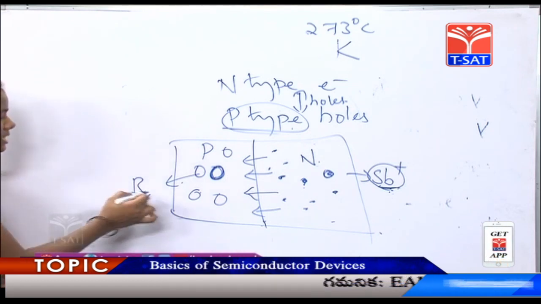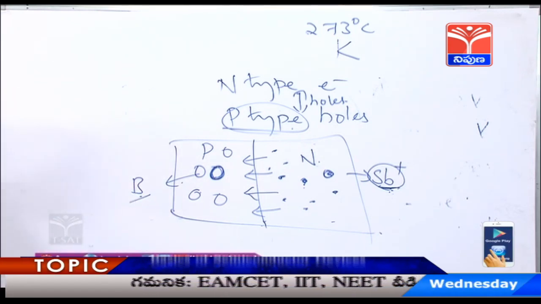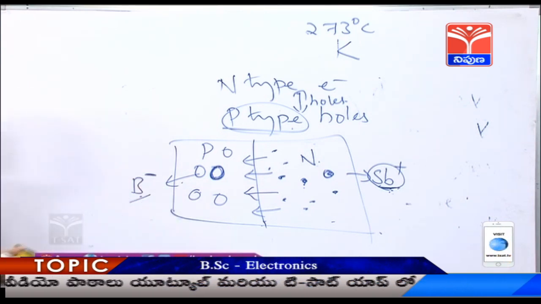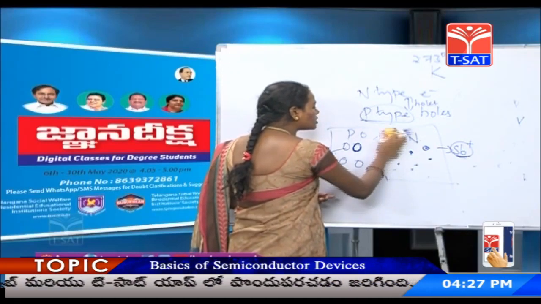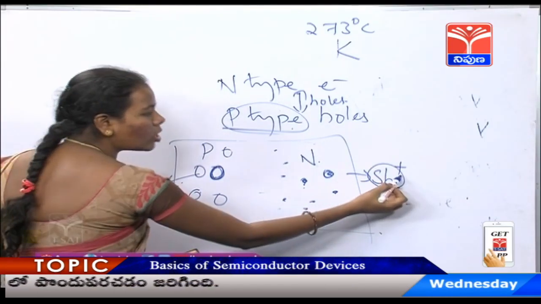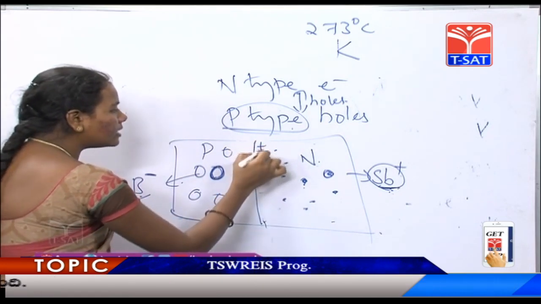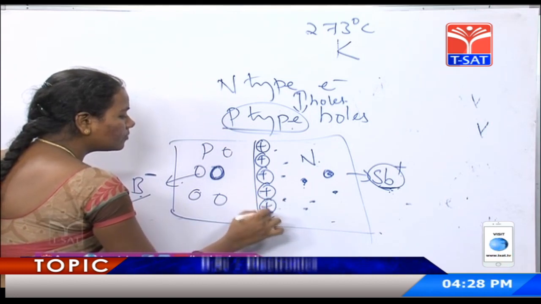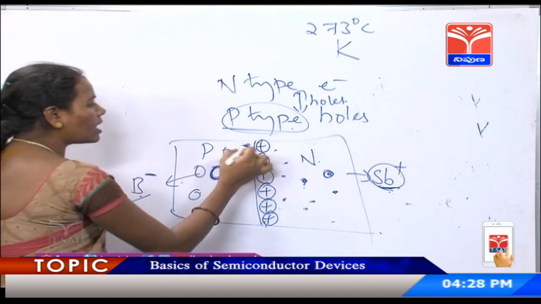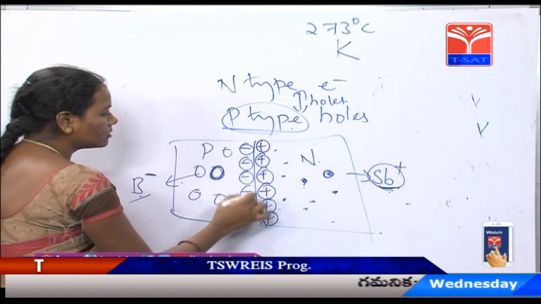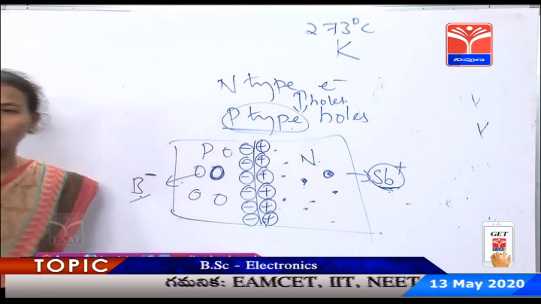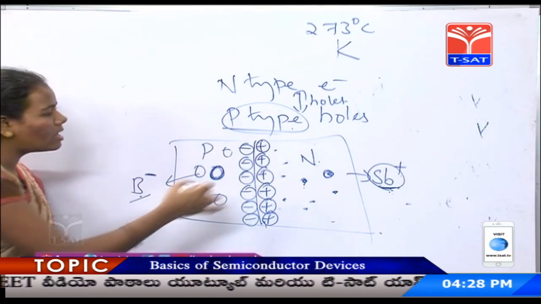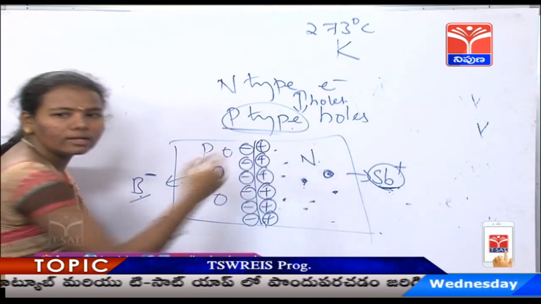So this boron will accept the electron, and this becomes negative. So whenever the diffusion process takes place, these positive ions are aligned here at the n side and negative ions are aligned here. So we have negative ions aligned at the p side and positive ions aligned at the n side.